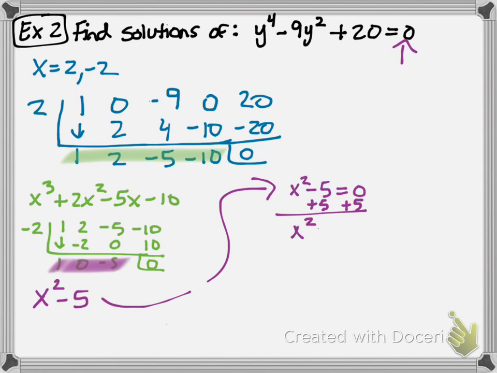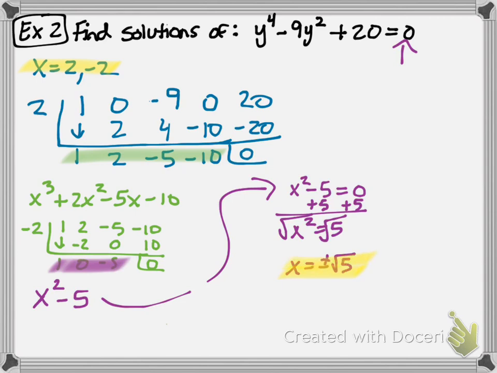So we have x squared equals 5. To cancel out x squared, we need to take the square root, which gives me x equals plus or minus the square root of 5. So our answers here are x equals 2 and negative 2, and then x equals plus or minus the square root of 5.